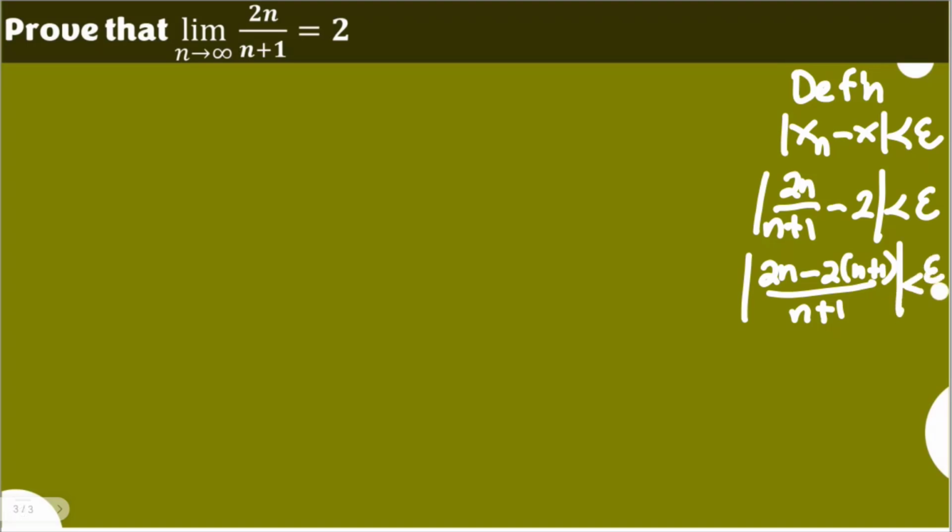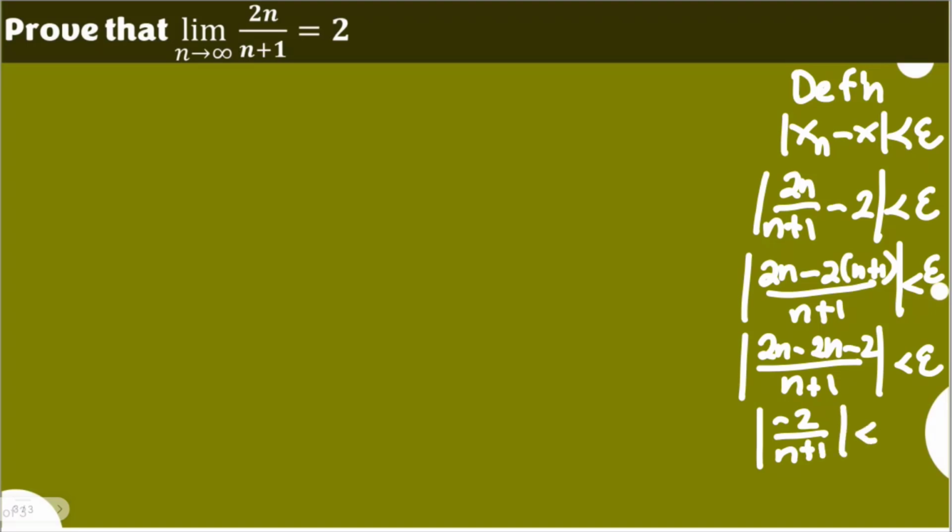So you will have 2n minus 2 over n plus 1 should be less than epsilon. So the absolute value of 2 over n plus 1 must be less than epsilon, which gives us the expression of positive 2 over n plus 1 less than epsilon.